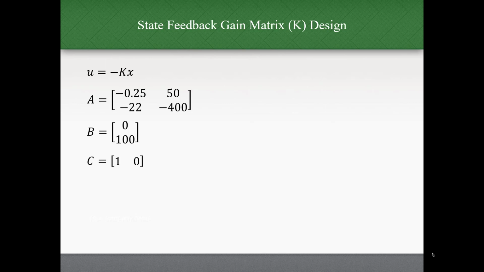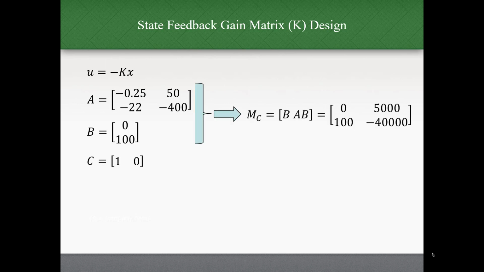Now it's time to design a feedback for this model so that we can place the poles in our desired positions. But for this, first we need to calculate the rank of a matrix called MC, which is the controllability matrix.